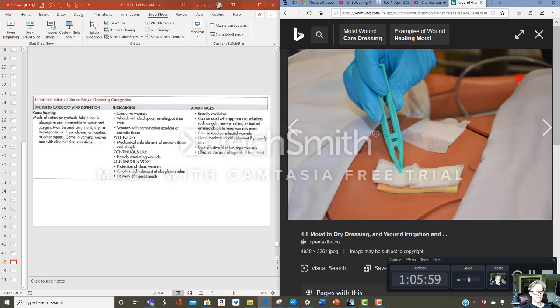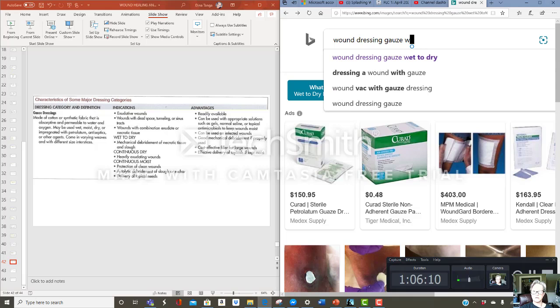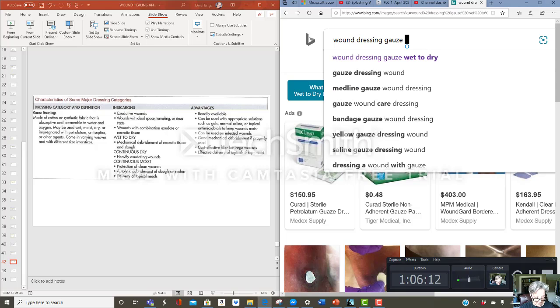Okay, and then we have continuous. And so wet to dry is mechanical debridement of necrotic tissue and slough. And now let's do continuous dry.